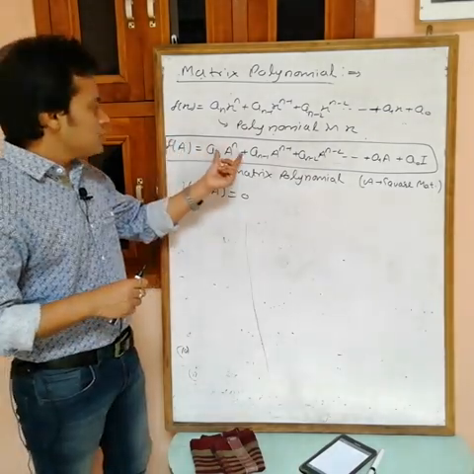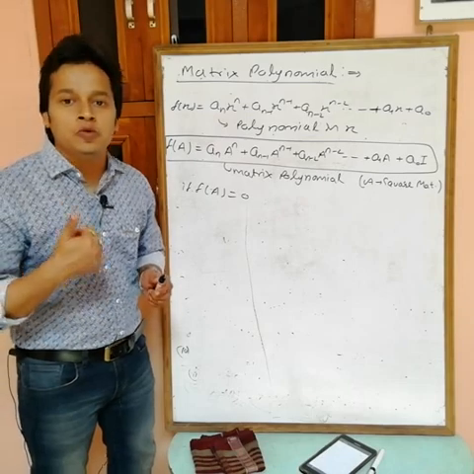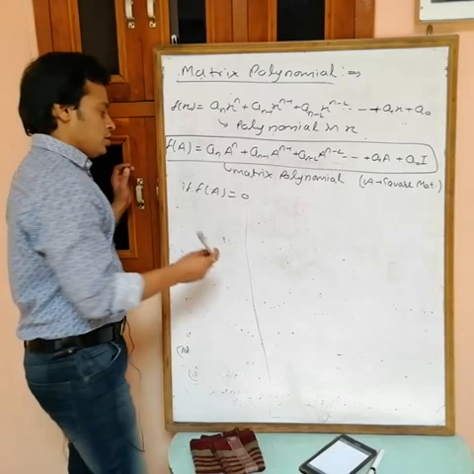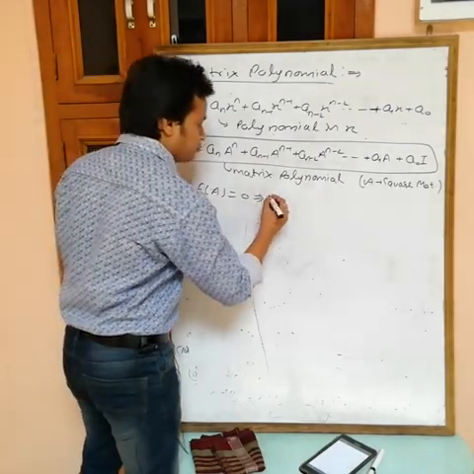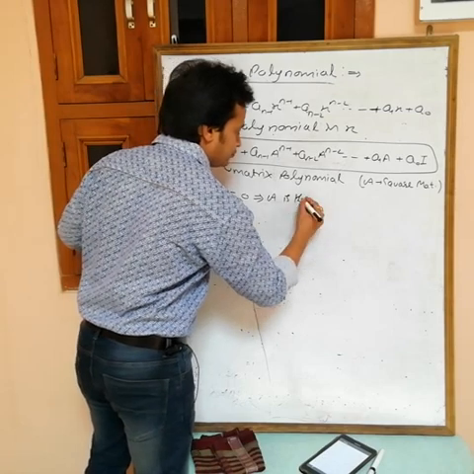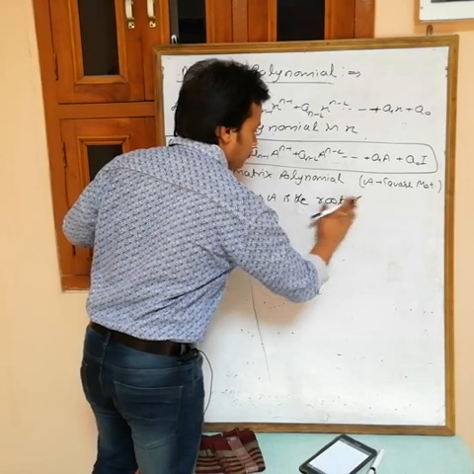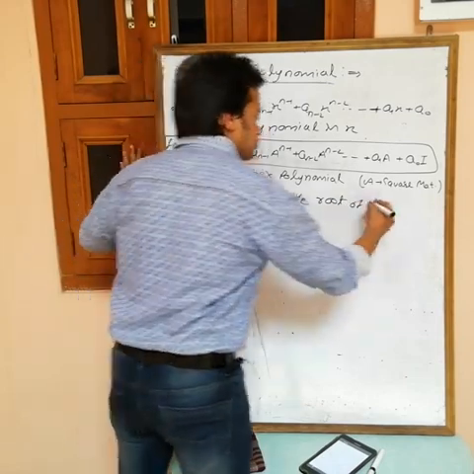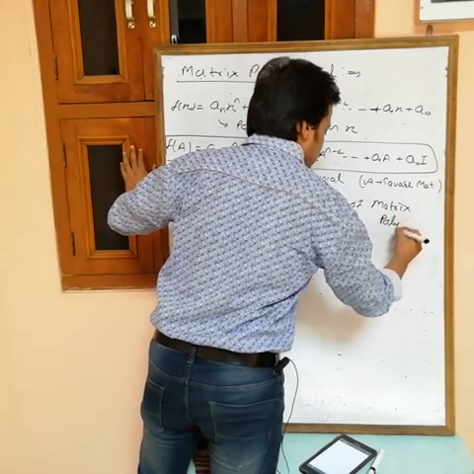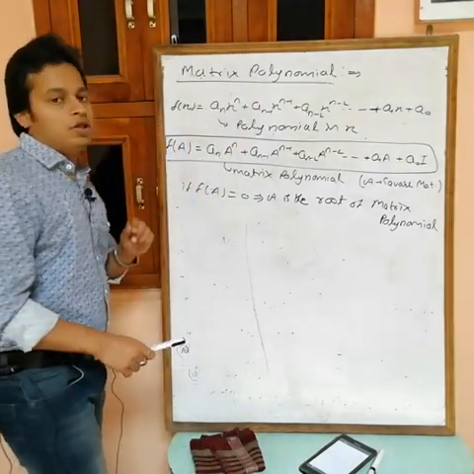If the value of this matrix polynomial is equal to 0, then A is said to be a root of the matrix polynomial.